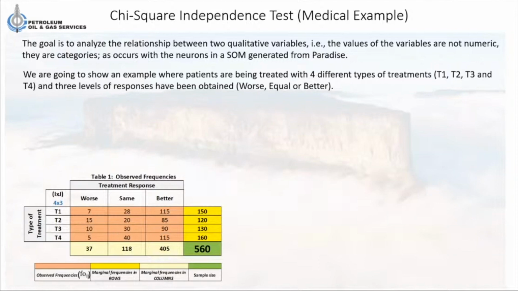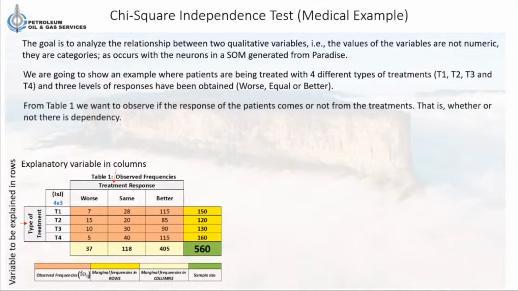In this case, the patient responds in a worse way, or the same response, or a better response to the type of treatment. Okay, so in this contingency table, you have one variable in the columns and the other variable in the rows. So this is the observed frequencies of the experiment, the real observed frequencies.